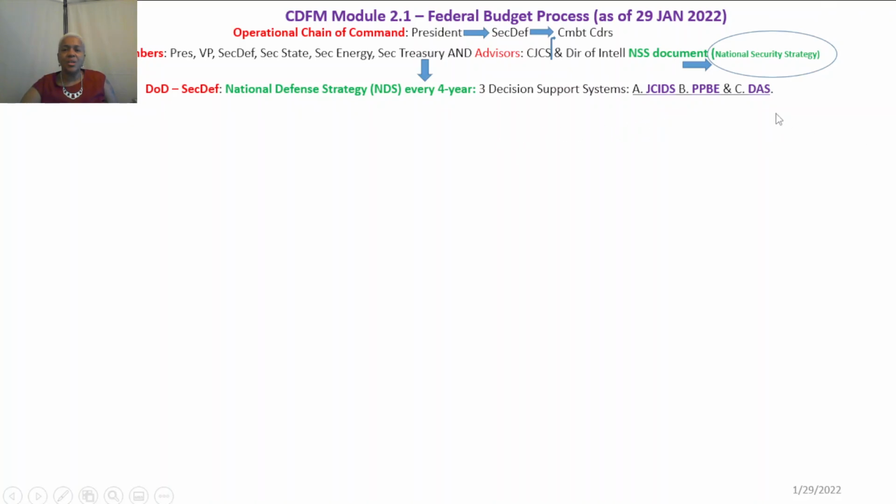As you can see here, the National Defense Strategy is what the DoD publishes after it gets the information from here, pulls out the DoD-related information, and publishes the National Defense Strategy. And in order to meet that strategy, the DoD uses 3 decision support systems that we're going to talk about.